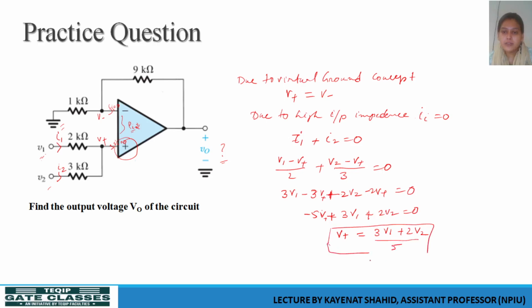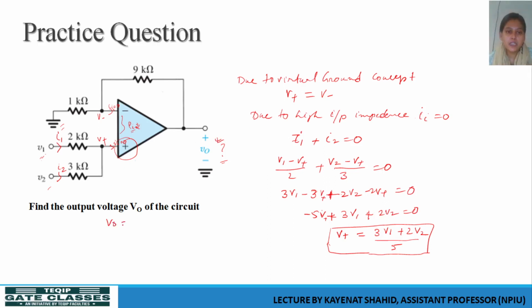Because V1 and V2 are not given numerically, the output will come in the form of V1 and V2. But V plus is not our aim. Our aim is to find VO.